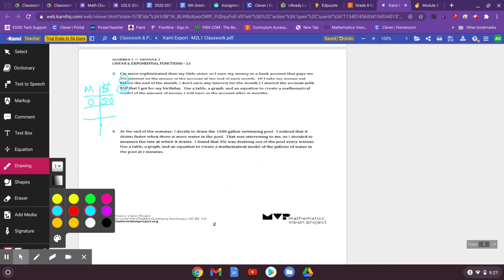He's not only getting the 3%, but he's also getting the 100% of his original amount. So that gives us a total of 103%. So I want to multiply by 103%, which is 1.03. So 50 times 1.03 is $51.50.